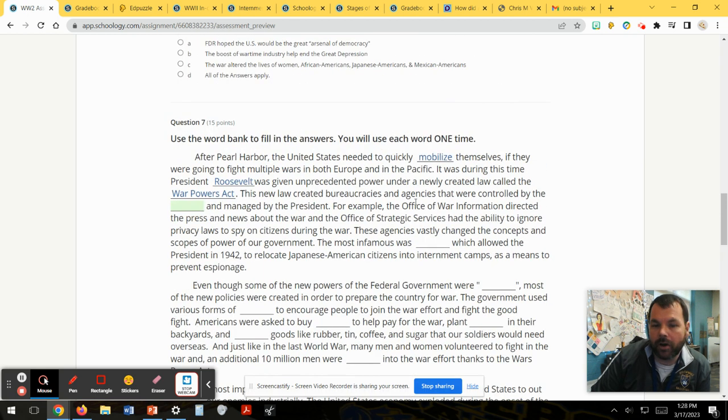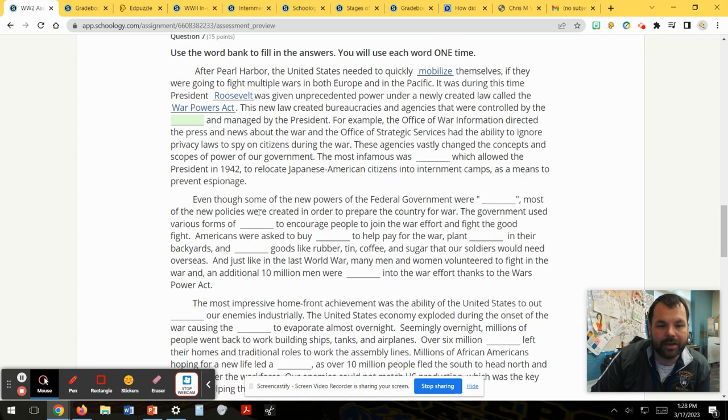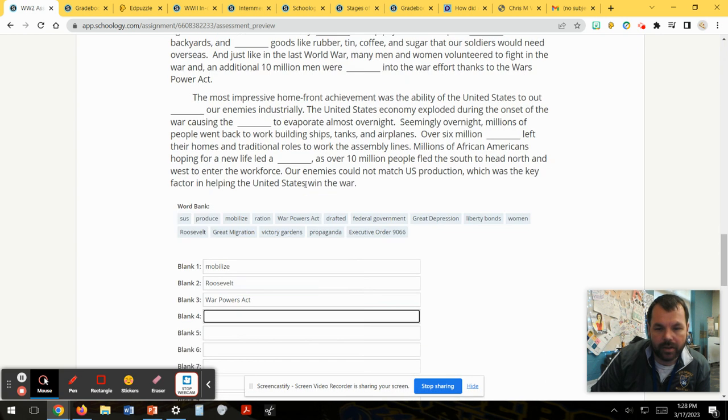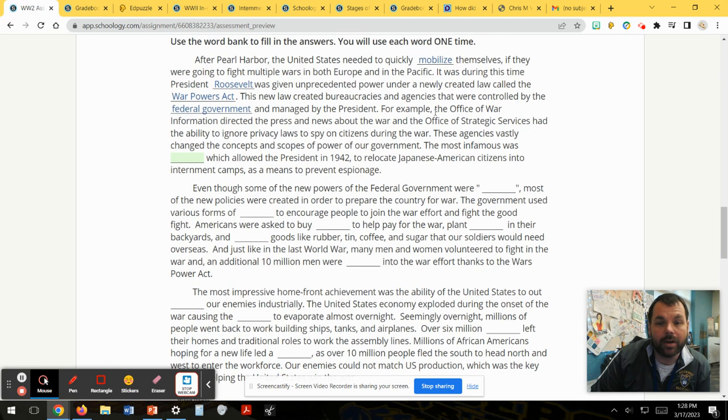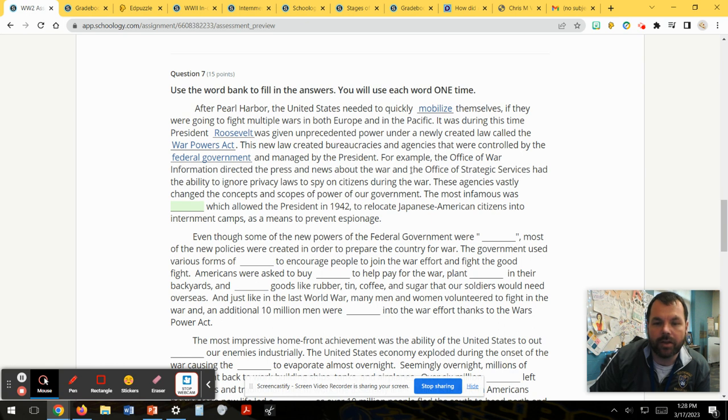This new law created bureaucracies and agencies that were controlled by blank and managed by the president. This would be federal government. For example, the Office of War Information directed the press and news about the war, and the Office of Strategic Service had the ability to ignore privacy laws to spy on citizens during the war.